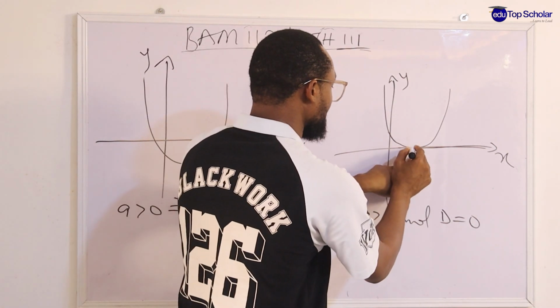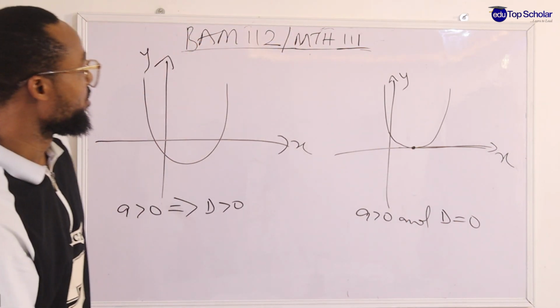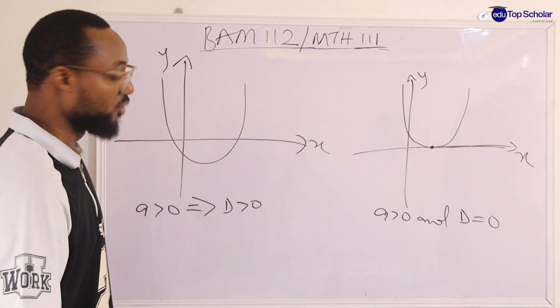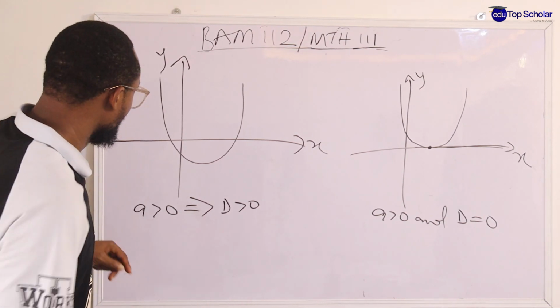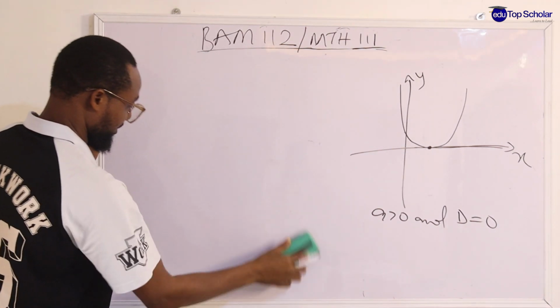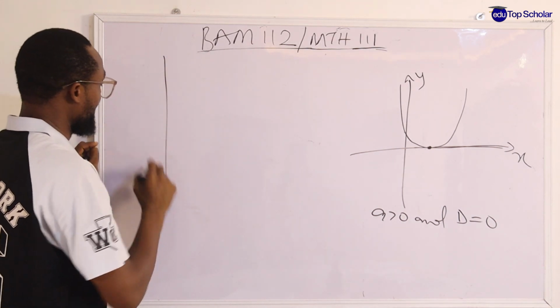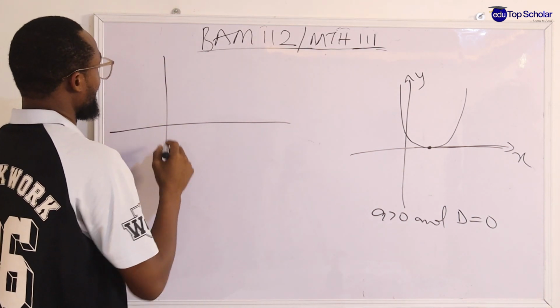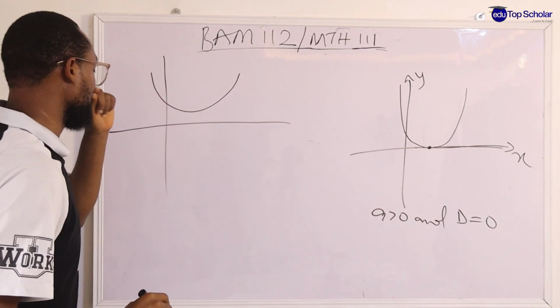This one will only touch the x-axis at a point. So that would be for when we have an equal root. The other type of graph that we can have, if we have something like this, is for complex roots.